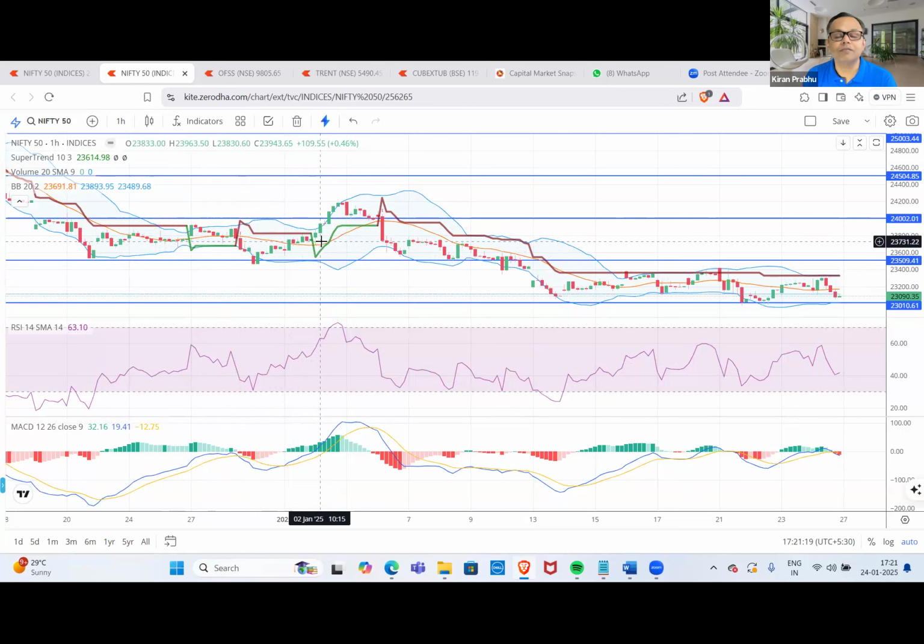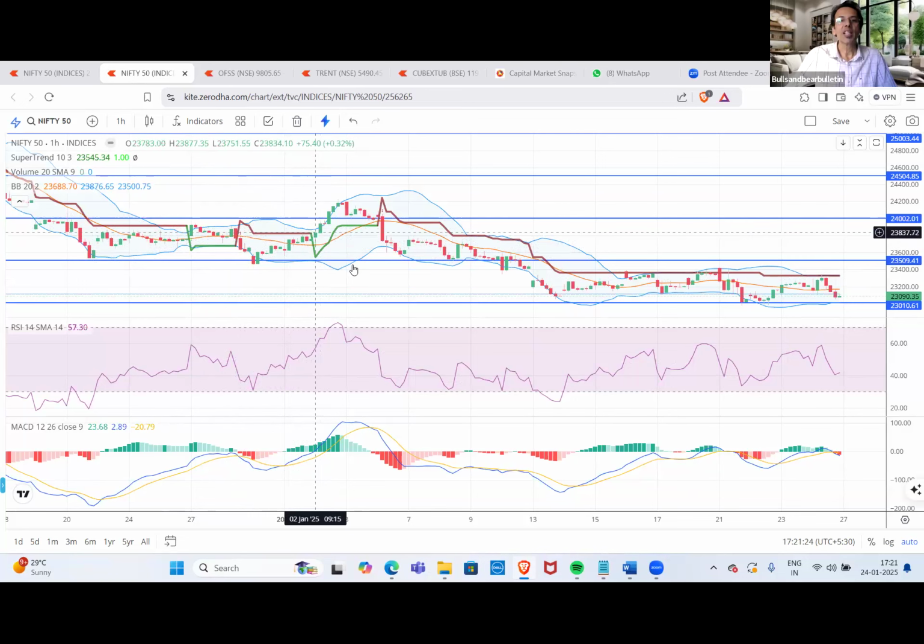What we are seeing is a market where we are going through a very, very short trading range, 300 points. If I'm showing this screen as of today, in the last couple of days, this is how the trend is. It's not given much movement.